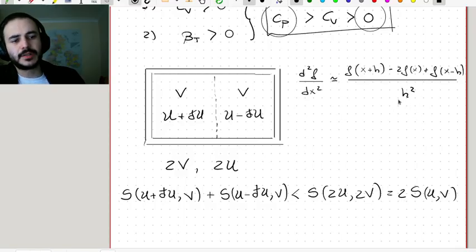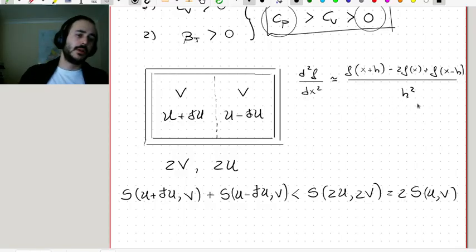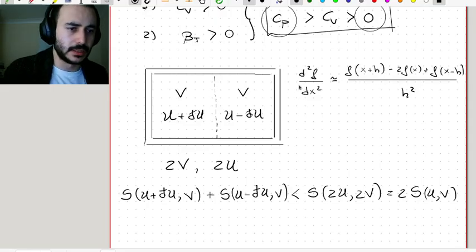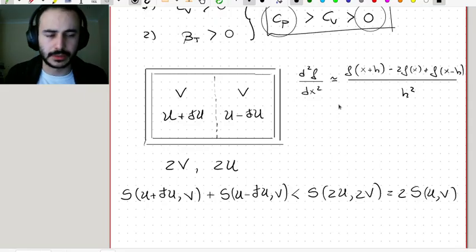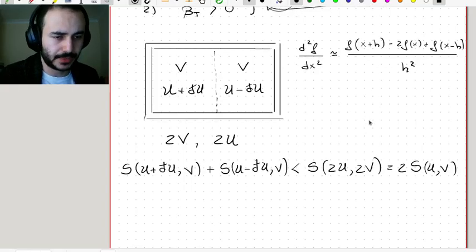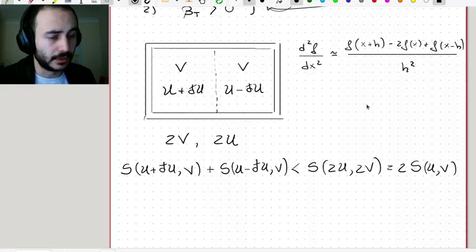In the limit where h is very small, the right-hand side here is a good approximation to the second derivative, and it becomes exact in the limit of h going to 0.